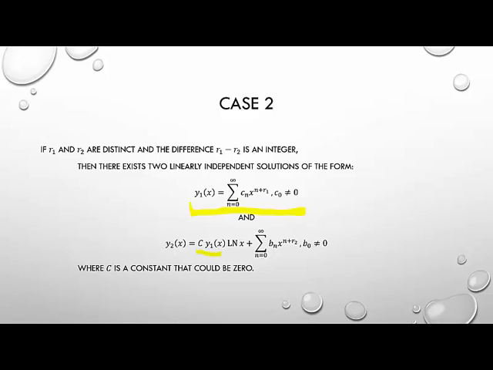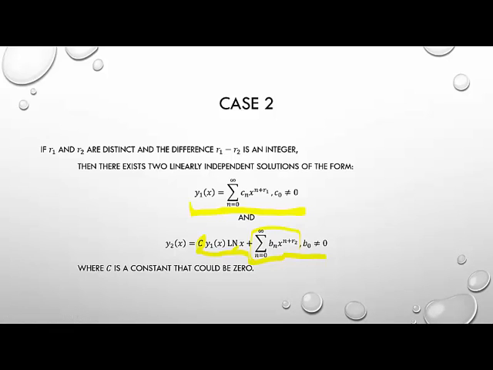Our solution is going to be of this form, where we could possibly have an ln function. They threw in the c here because there's a constant that could possibly be 0, and if it's equal to 0, then we have only this part for y2, which is essentially the first case.